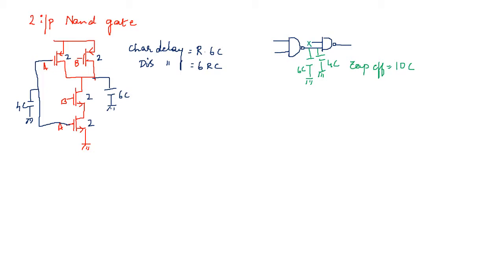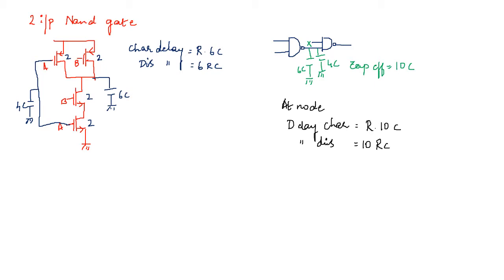So now, in order to charge or discharge the capacitor at node X, the delay due to charging is equal to R times 10C. Similarly, the delay due to discharging is also equal to 10 times RC.